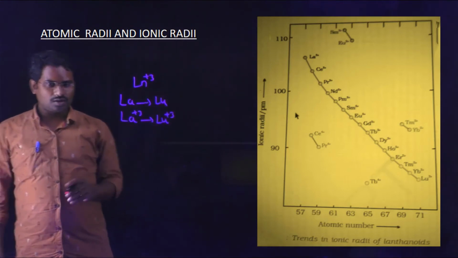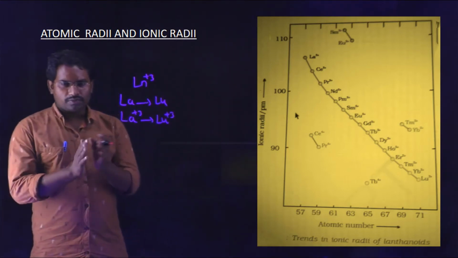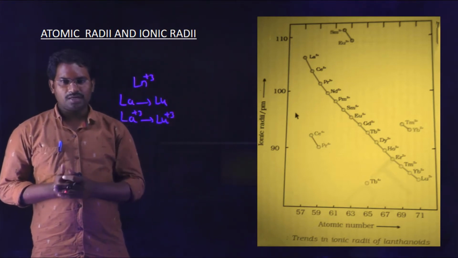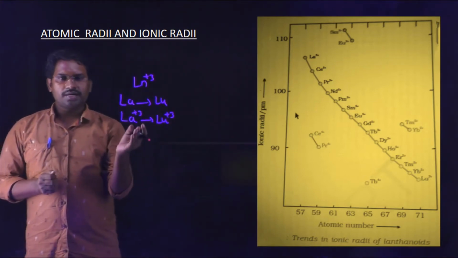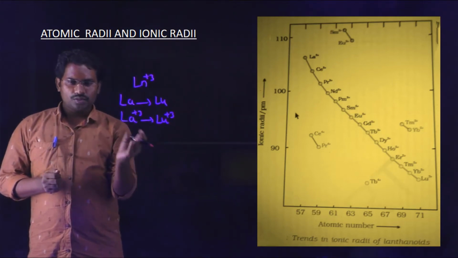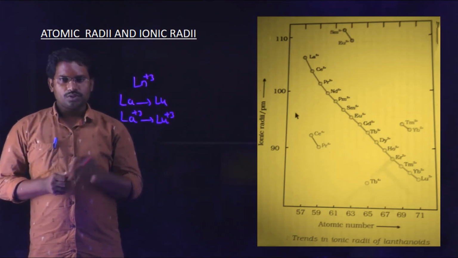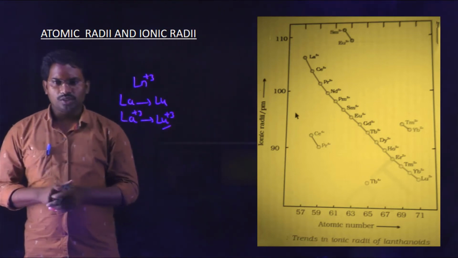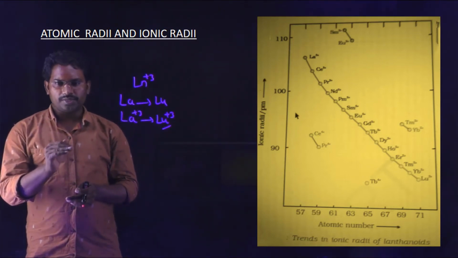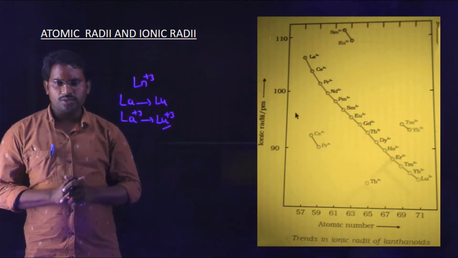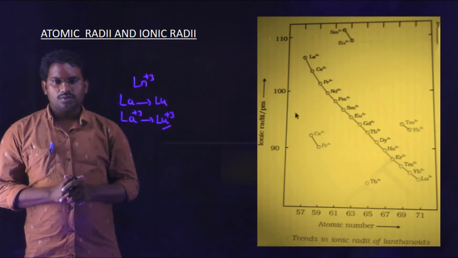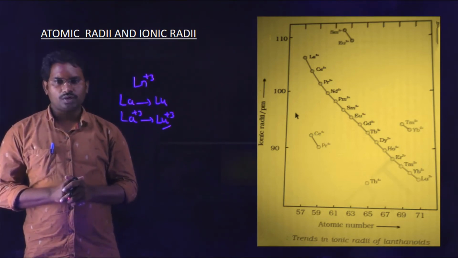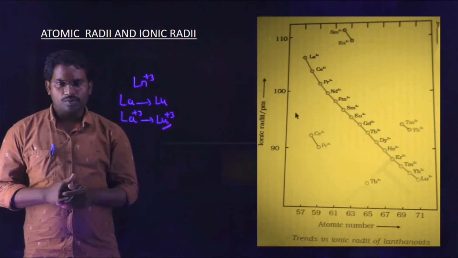In that graph, as the atomic number increases, their atomic radii and ionic radii decrease to smaller values, in the +3 oxidation state. We know lanthanoids are more stable in the +3 oxidation state. This is a very important point. Some lanthanoid elements also exhibit +2 and +4 oxidation states, but +3 is the more stable one.